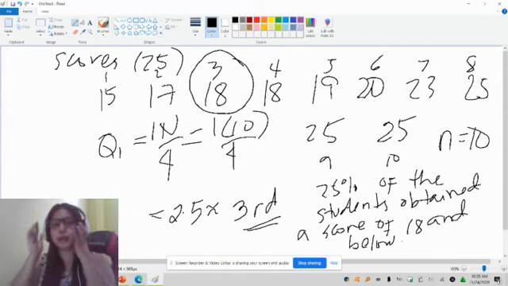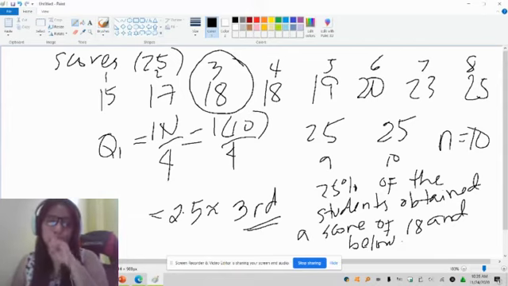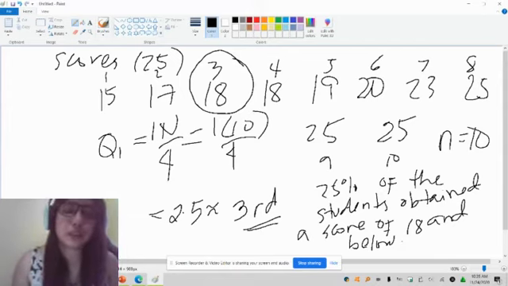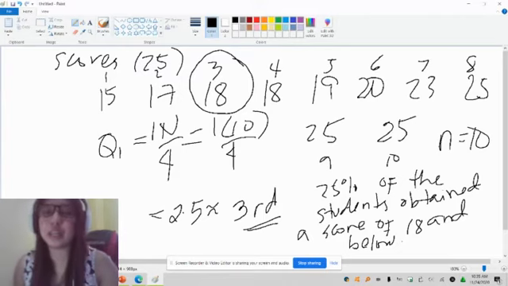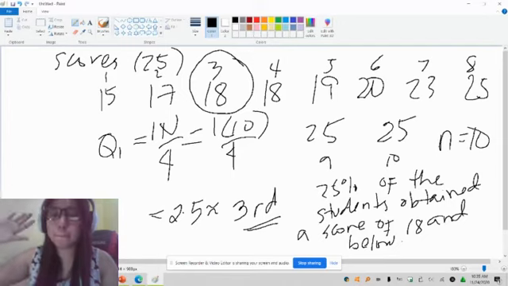Or if we are going to look at the upper third quartile, it means that it is from the highest to lowest.